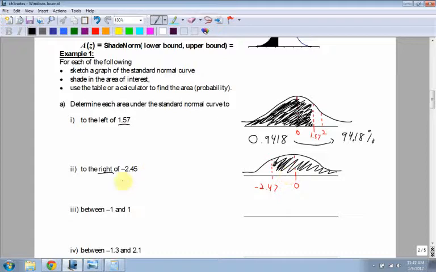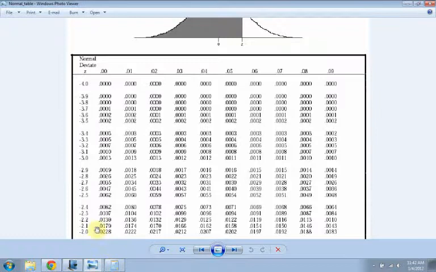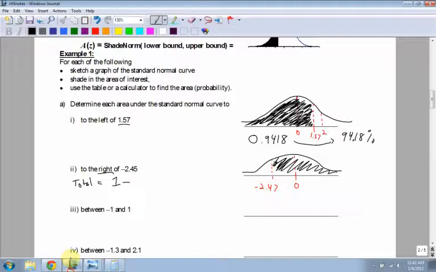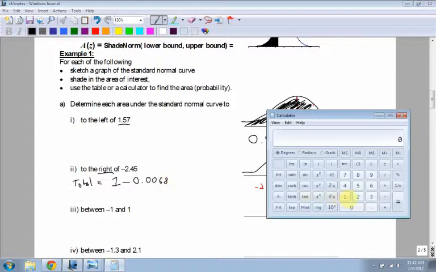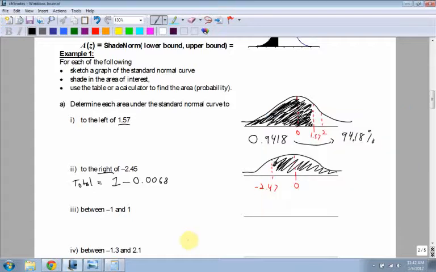So the total probability is equal to 1. We have to subtract off the area that's over here, which it gives us, which was 0.0068. So 1 minus 0.0068, which is equal to 0.9932.